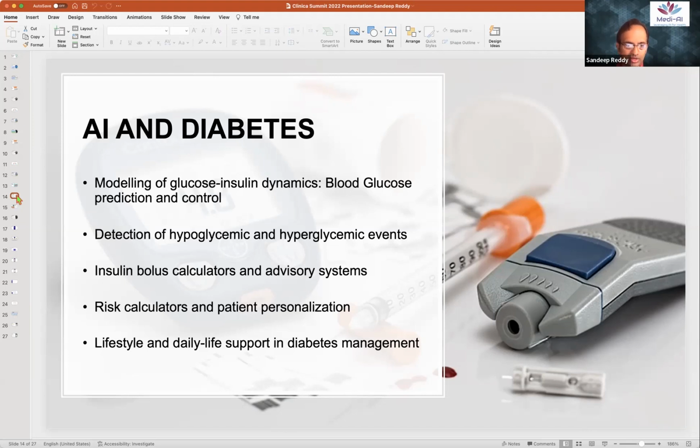Further, we have clinical decision support systems that can predict the risk of patients having diabetic complications, and if they don't have diabetes yet, the risk of developing diabetes. But today, I would like to focus on one aspect: how artificial intelligence can be used to help with diabetes lifestyle management.